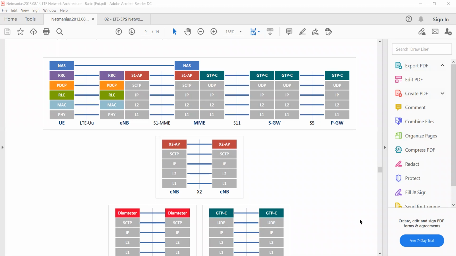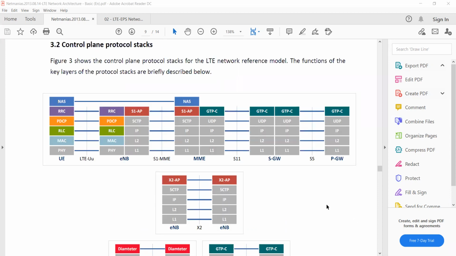Each and every layer we will discuss in detail in later classes. No need to search anything right now; we just got the introduction about the layers. After that, we will learn one by one, about PHY, MAC, RLC, everything. No need to worry about new terminologies. We'll get used to it.